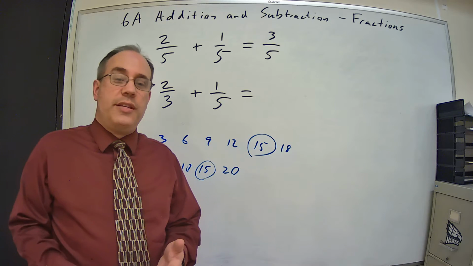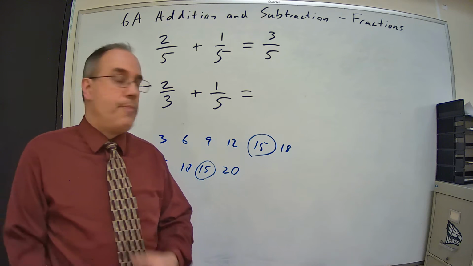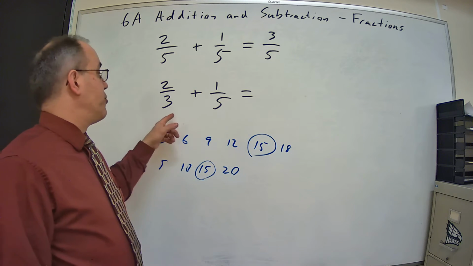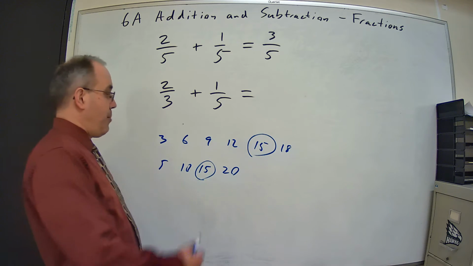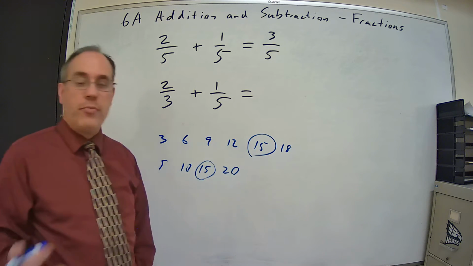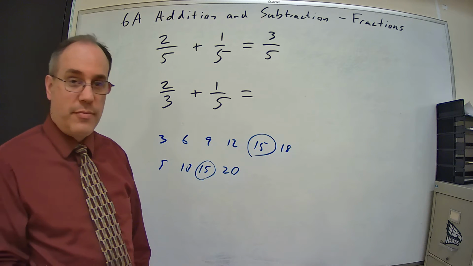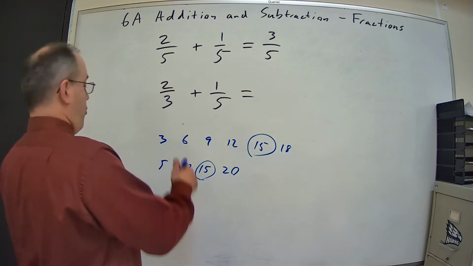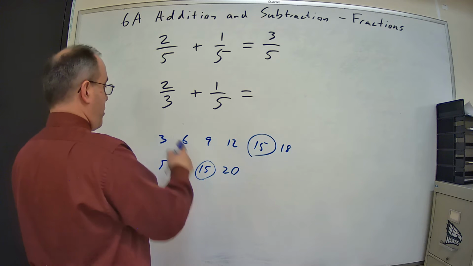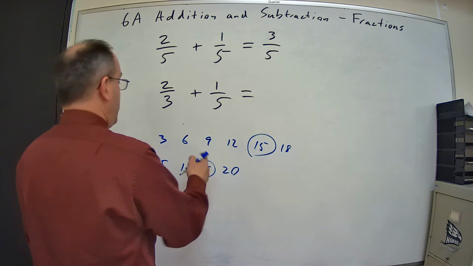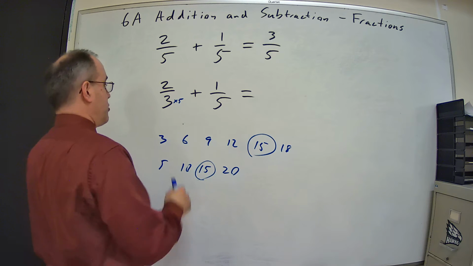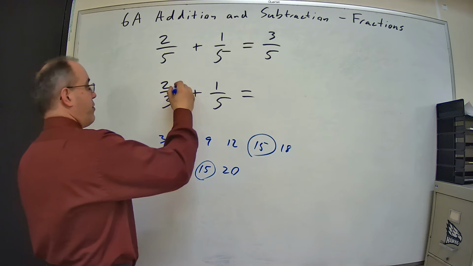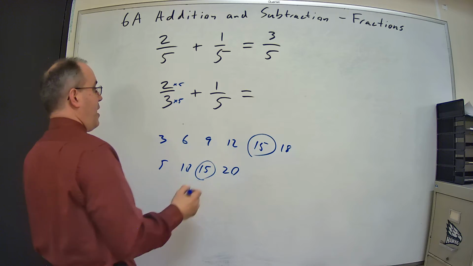Now, just as we did previously, we just want to rewrite each of these fractions with a denominator of that new common multiple. So we look at it and go, okay, 3 times what gives me 15? 3 times 5 gives me 15. So if we multiply the bottom by 5, we've got to multiply the top by 5.